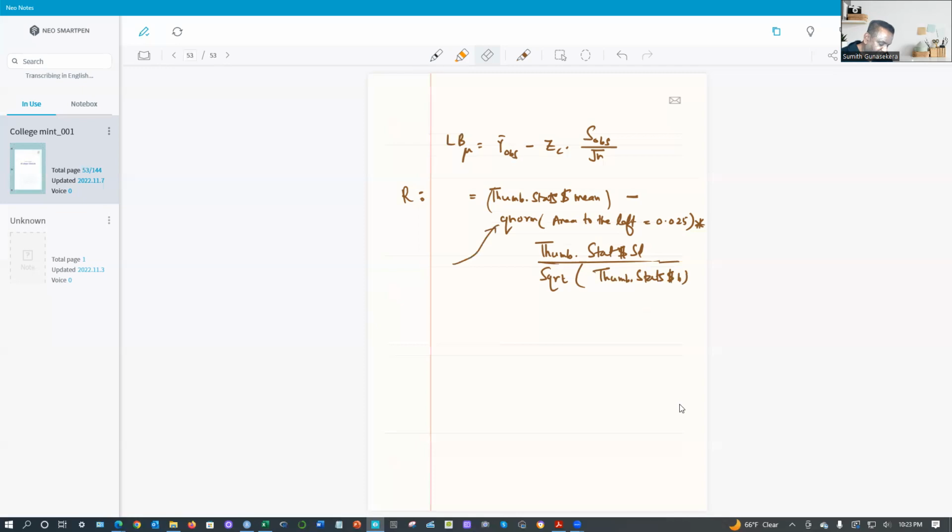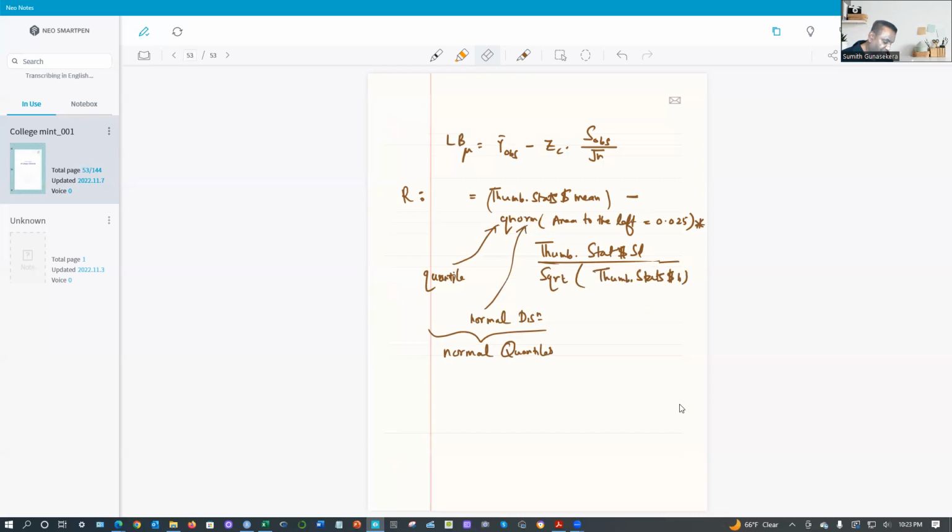Q stands for quantile, the critical value. This is for the normal distribution, normal quantiles. You can use that.